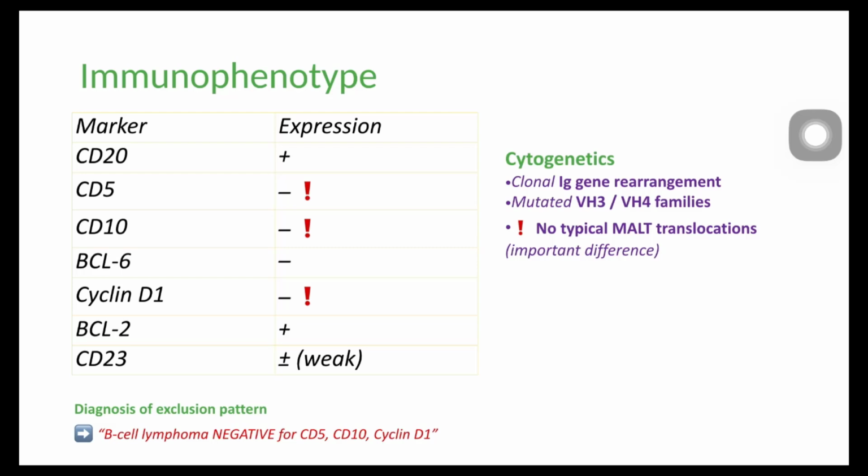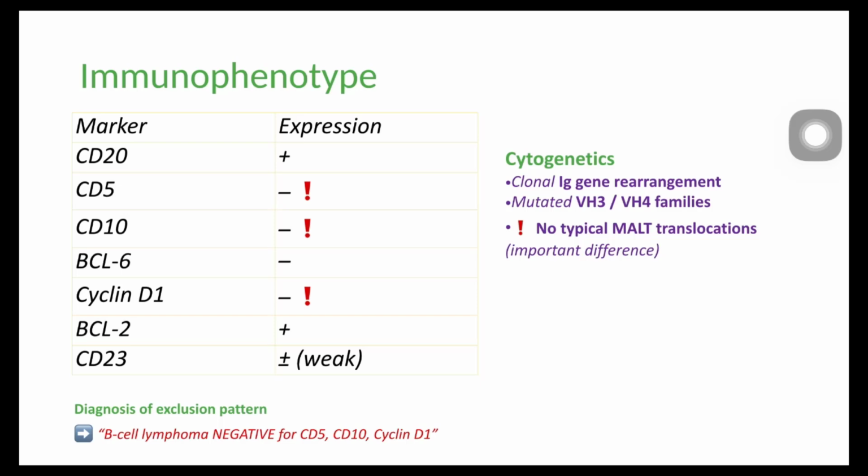So here the markers are CD20, BCL2, and negative markers are CD5, CD10, BCL6 and cyclin D1. CD23 may be positive, negative or weak. So a B cell lymphoma negative for CD5, CD10 and cyclin D1 is NMZL, and this is a diagnosis of exclusion.